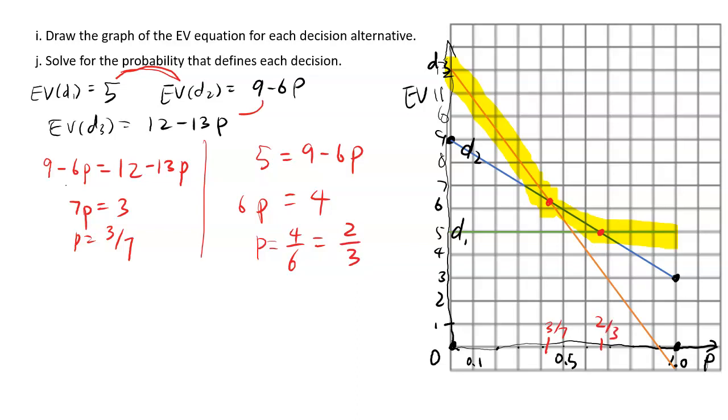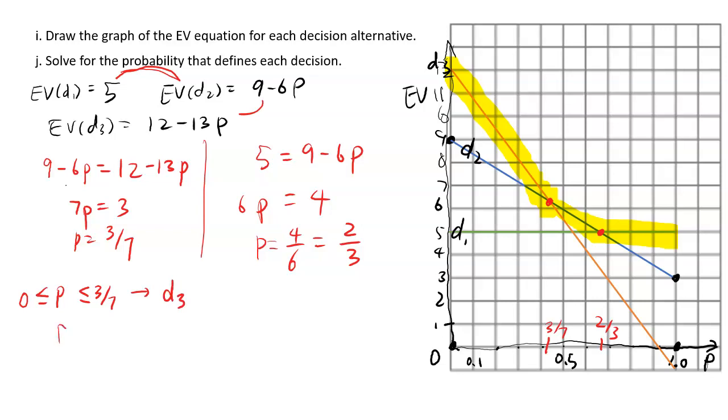So here is what you should do. If your probability cannot be less than 0. Probability is always between 0 and 1. If your probability is between 0 up till 3/7, you go with D3, because D3 is the highest, right?